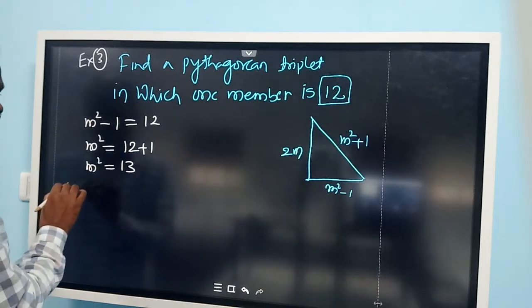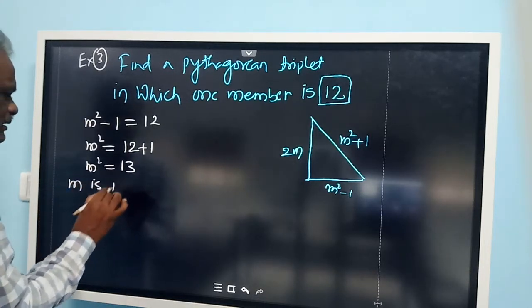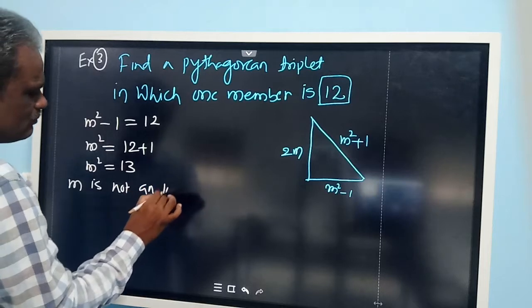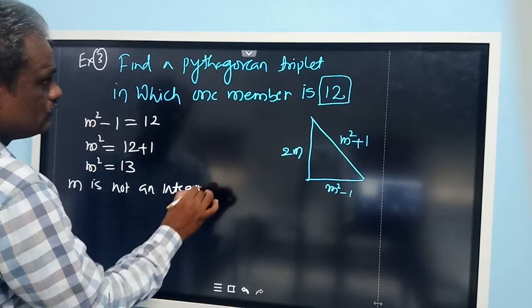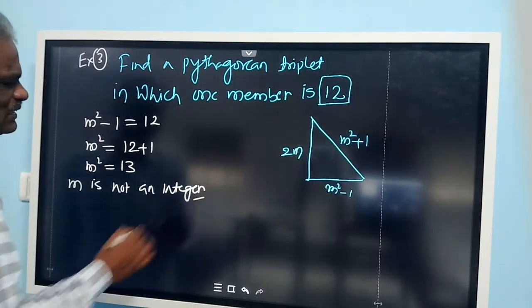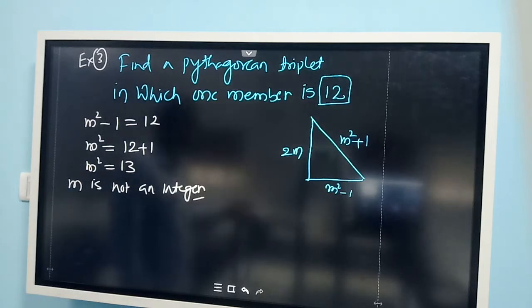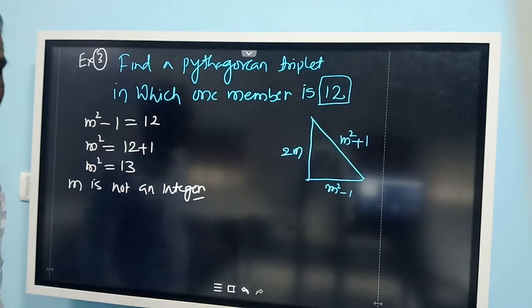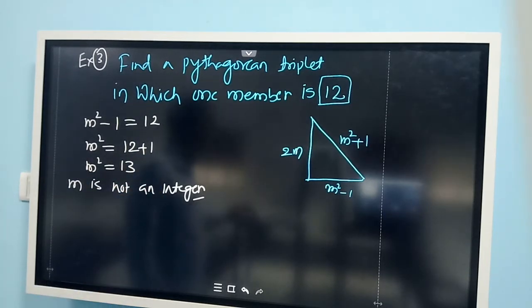So here m is not an integer. Okay, so let us drop this now. Therefore m square minus 1 cannot be equal to 12, as we are getting m square is equal to 13, and m is some other number, not an integer. So therefore we will neglect that one.